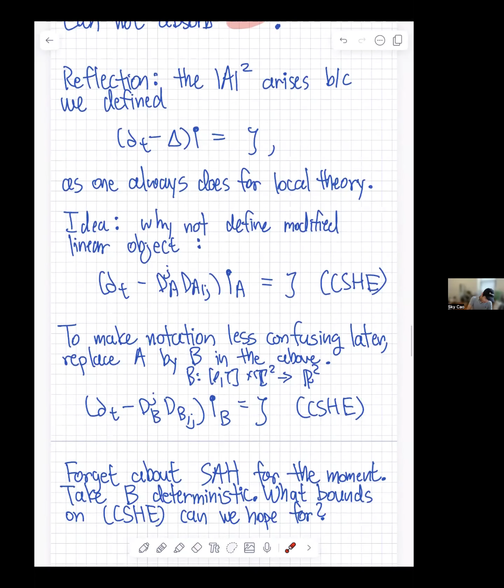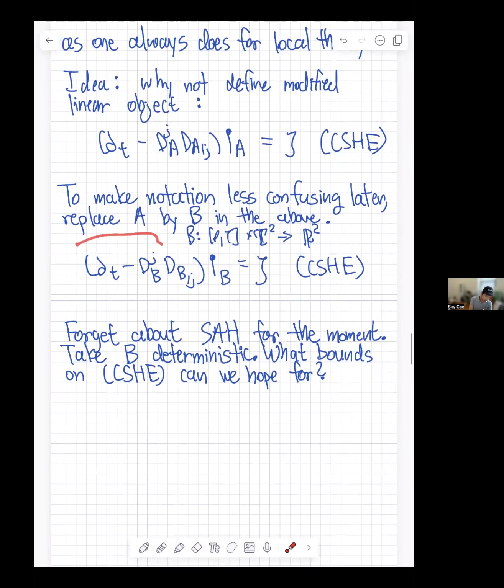So what bounds on this equation can we hope for? We have this subproblem now. Just forget about stochastic Abelian-Higgs. How do we bound this? How do we control it? Let me tell you what you don't do first. This is what we did at first, because it was not clear to us how you do this.